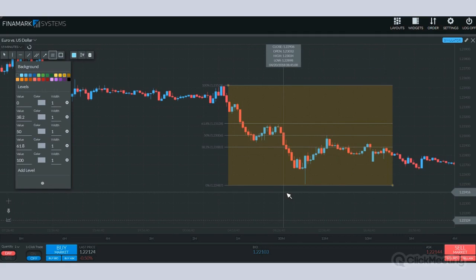So by going from the left to the right, identifying the top of the move to the left and the bottom of the move to the right, we're given the 61.8% here, right? We're given the 50% right below it, 38.2% just below that, and then way down here we have 0. Now remember, just think of these percentages as percentages of retracement from ground zero. Ground zero is going to be 100%. That's going to be where we started from, right?